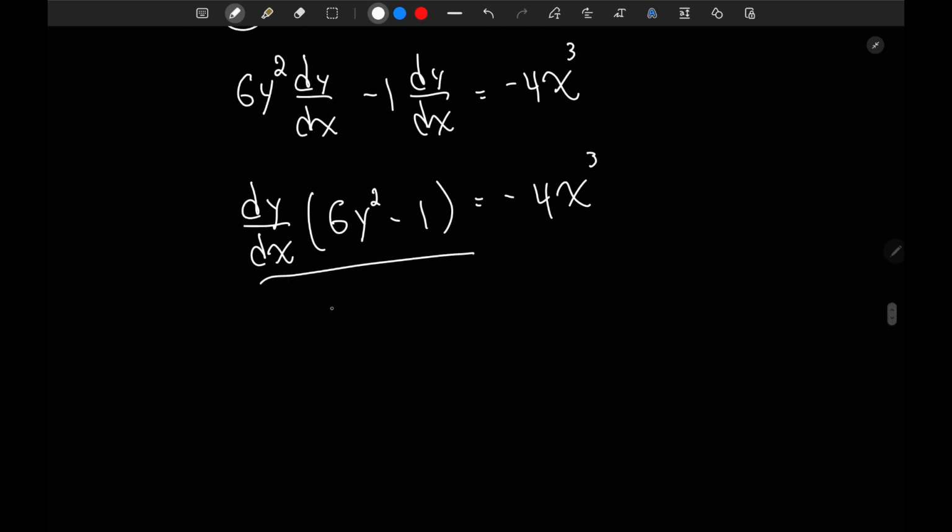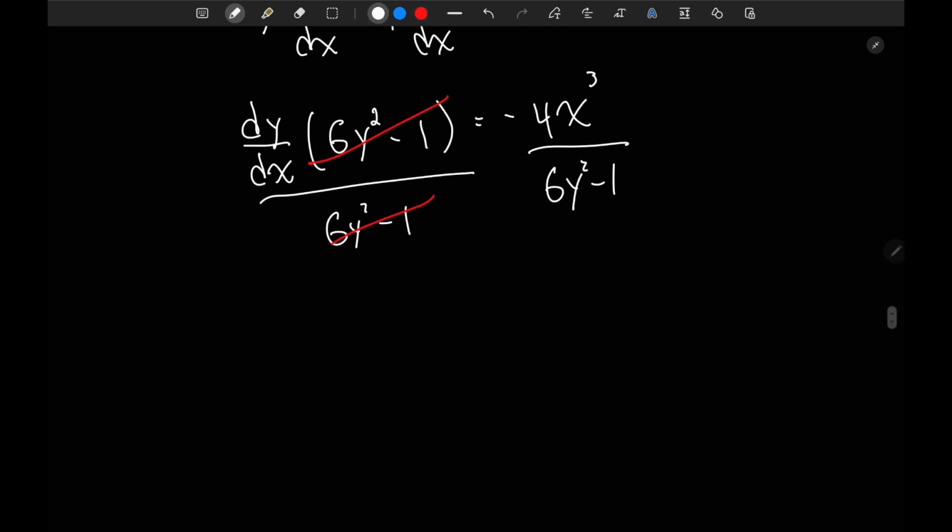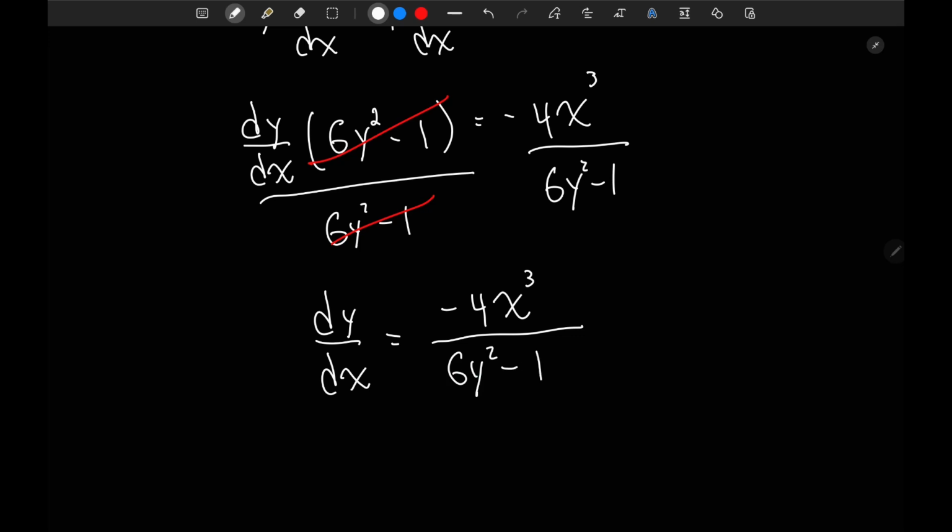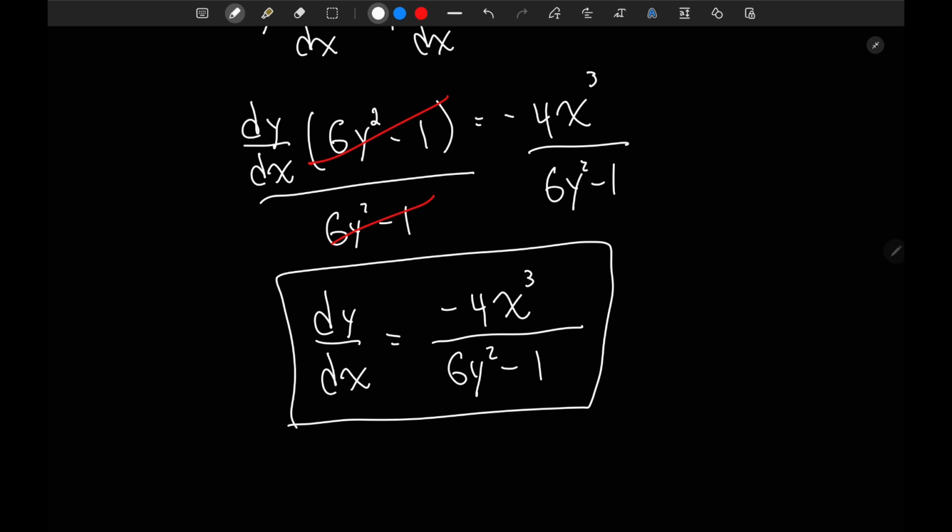Now here we can divide by 6y squared minus 1 on each side to isolate for our dy/dx, where we will have dy/dx is equal to minus 4x cubed all over 6y squared minus 1. And this here is our final answer.